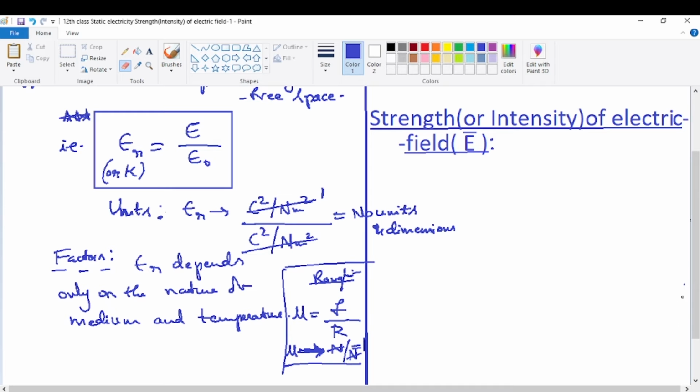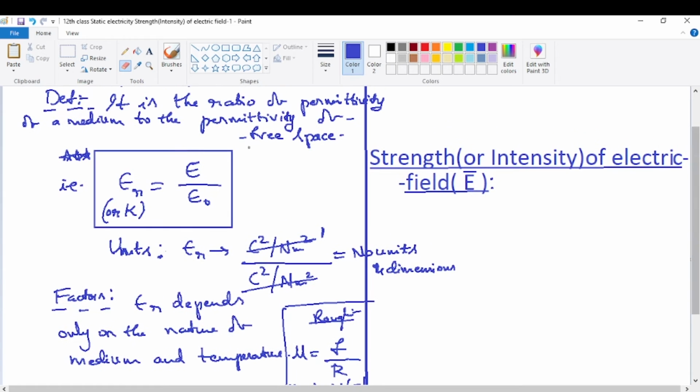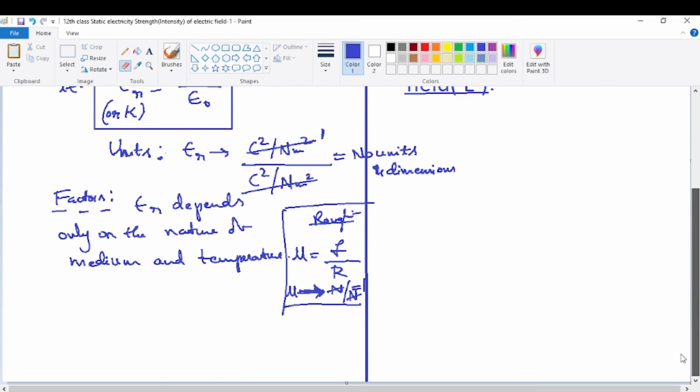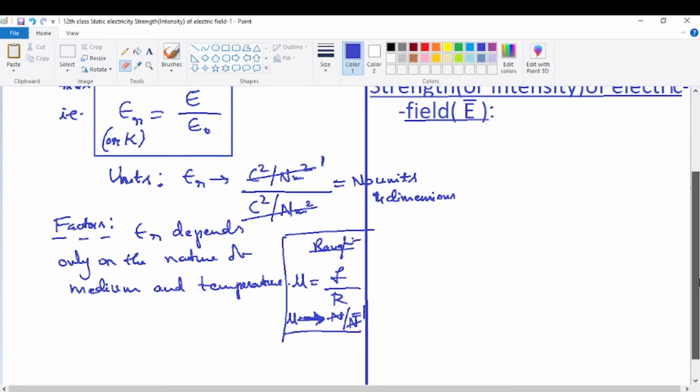Now one small, very important thing about permittivity of a medium is, we have seen, the permittivity of a medium always is found to be greater than the permittivity of free space. Later the reason exactly will be coming. Already previously roughly we have seen the reason, only roughly, we did not see it exactly.